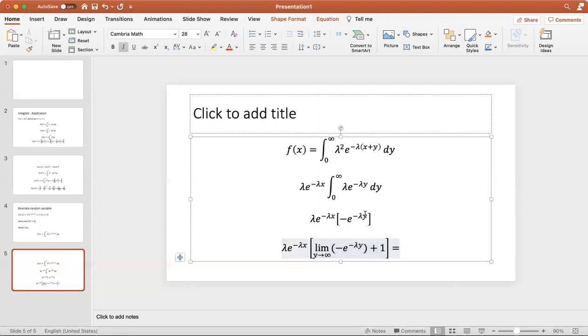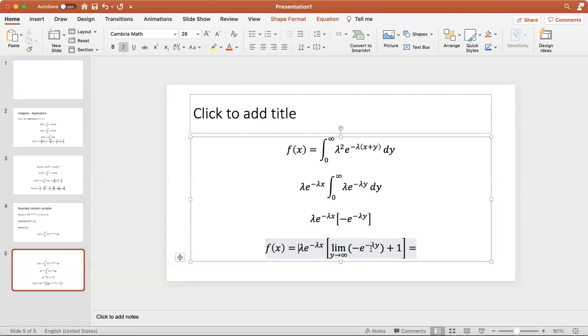And therefore, let me just add f of x now here, since we're about to get the marginal density function. Take a closer look. This is a fraction, basically. This is equivalent to negative 1 over e raised to lambda y.